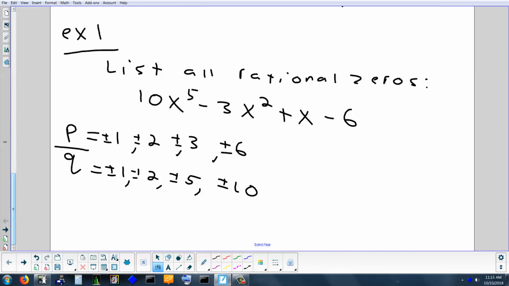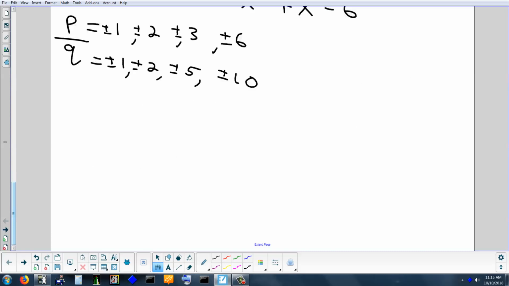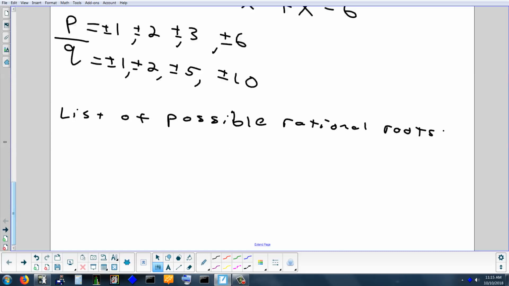So now what we want to do is generate a list of every possible P divided by every possible Q. Kind of seems like it could be a lot, but as long as you do it systematically, it's really not that bad. So we'll call this a list of possible rational roots. Okay, and I'll do the first part.